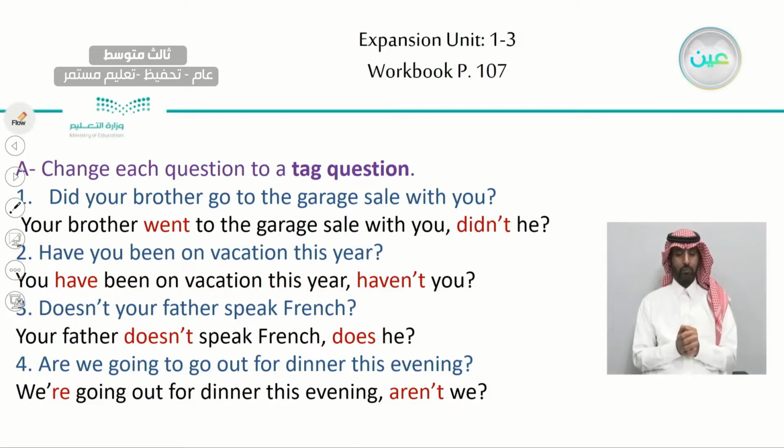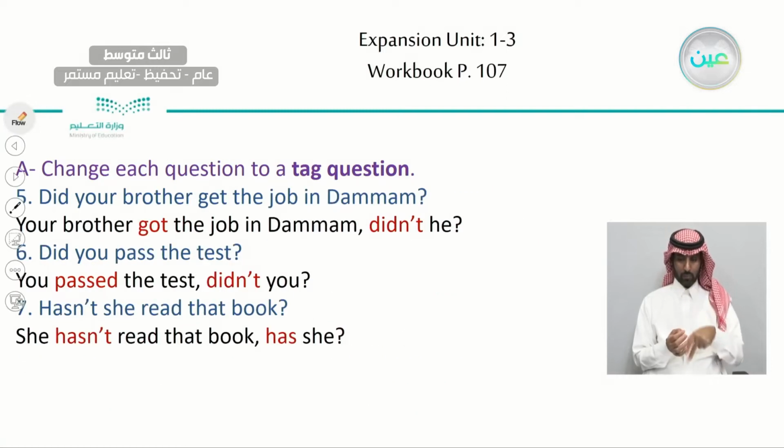Number 3, your father doesn't speak French, does he? Number 4, you're going out for dinner this evening, aren't you? 5, your brother got the job in Dammam, didn't he? 6, you passed the test, didn't you? 7, she hasn't read that book, has she?